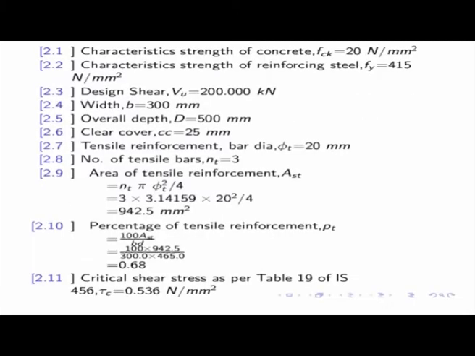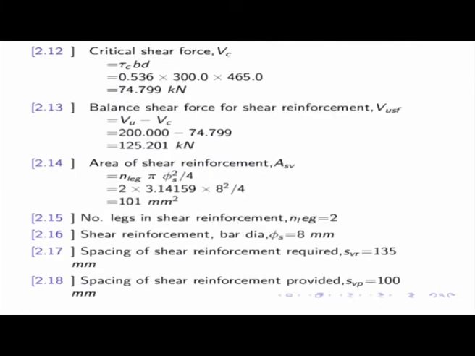So we are getting this 0.536 Newton per square millimeter. This value we are getting from that table, and you have to find it by linear interpolation.